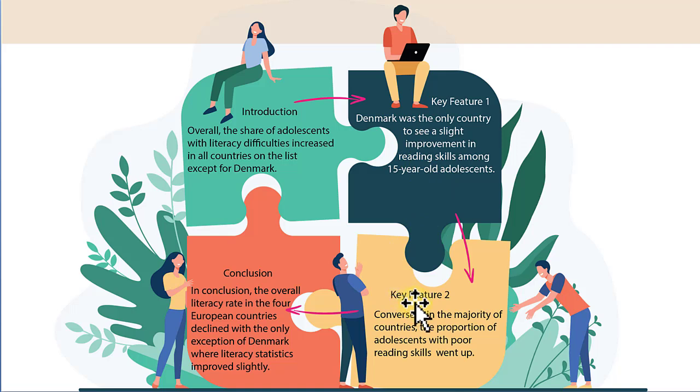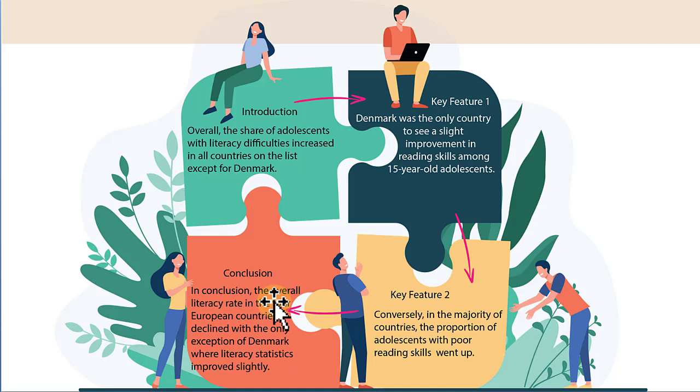In the second key feature, on the other hand, we take the other three countries where the trend was opposite. We have, conversely, in the majority of countries, the proportion of adolescents with poor reading skills went up.